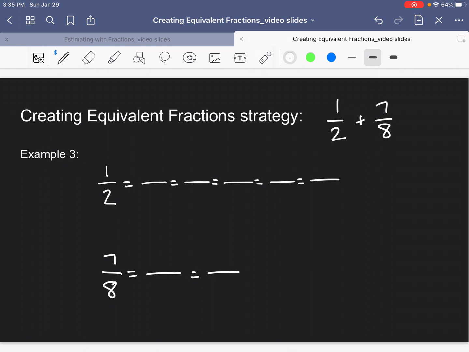Again, I'm going to be skip counting or listing my multiples of both the numerator and the denominator in each fraction. So I'll start with 1/2. I will list out 1, 2, 3, 4, 5, 6, 2, 4, 6, 8, 10, 12. Then I will come down to 7/8: 7, 14, 21, 8, 16, and 24.